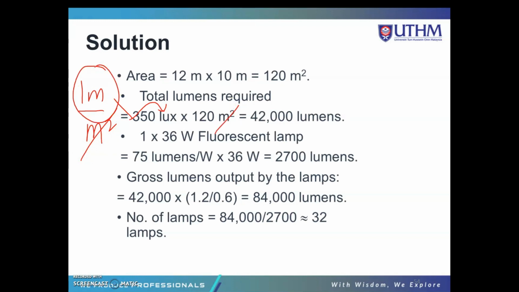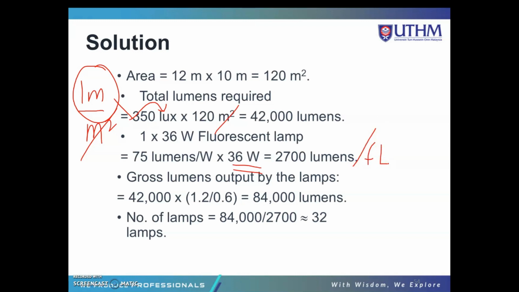Total lumens required is 42,000 lumens. And then as mentioned in the example, we use a 36 watt fluorescent lamp with 75 lumens per watt for one lamp. So we multiply by the 36 watts, then we get 2,700 lumens per fluorescent lamp.